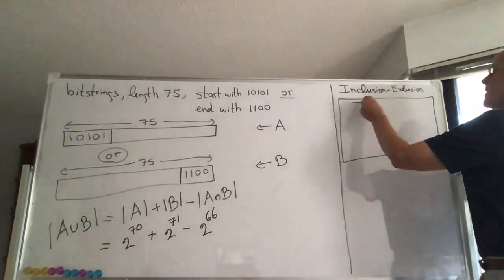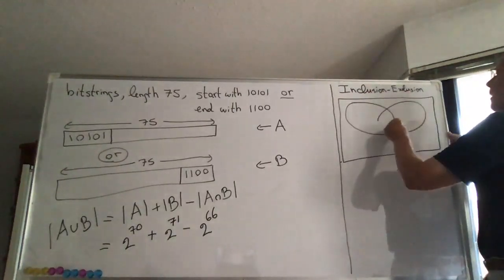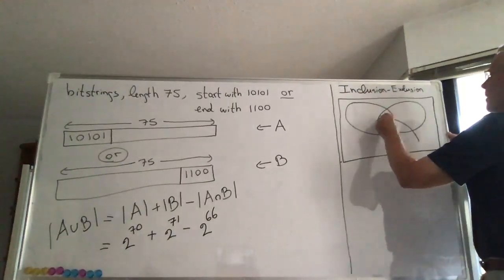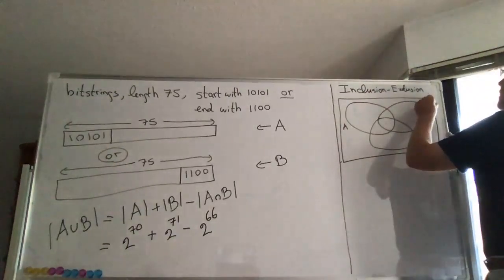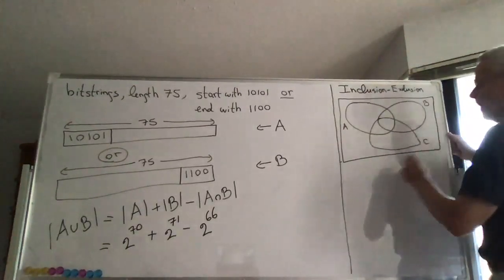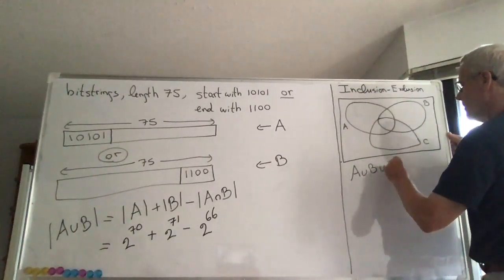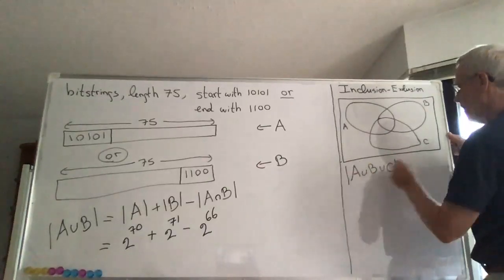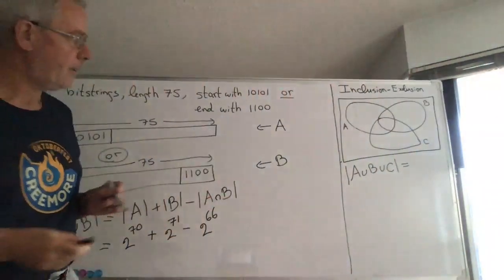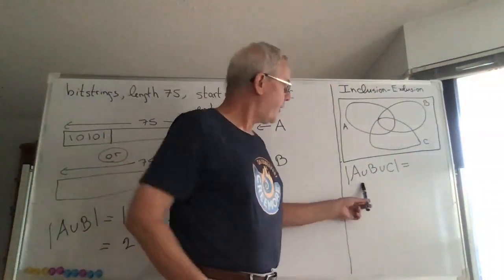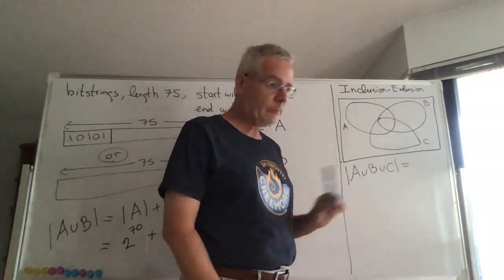We're having 3 sets, A, B, and C, and we want to know the size of A union B union C. So we have 3 finite sets, A, B, and C. This is the union of A, B, and C, so these are all elements that are in A or in B or in C.